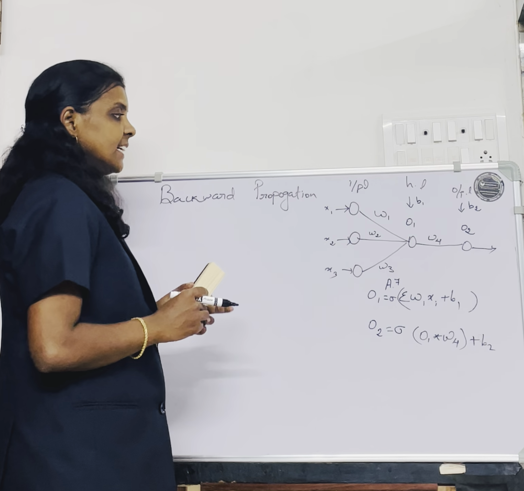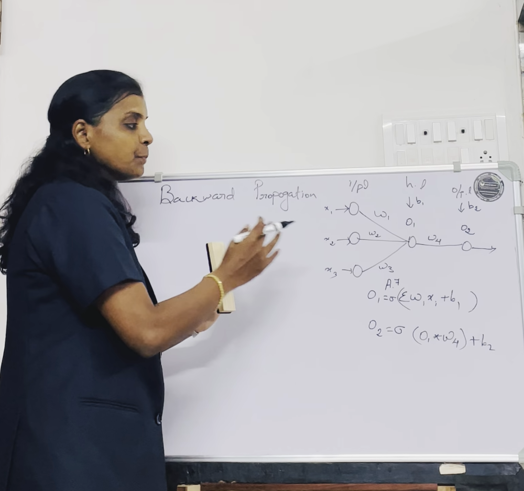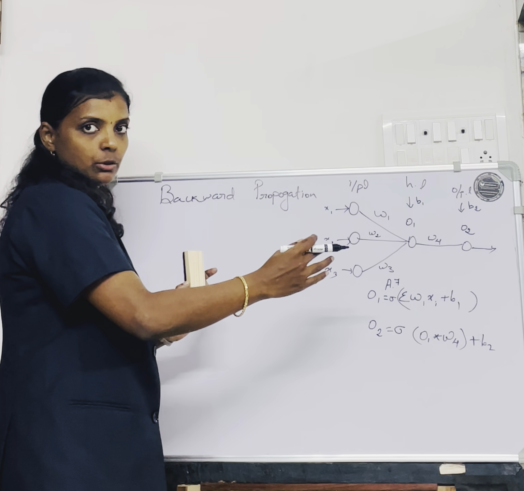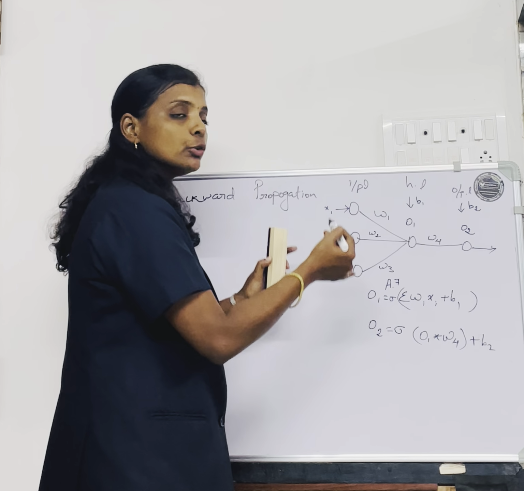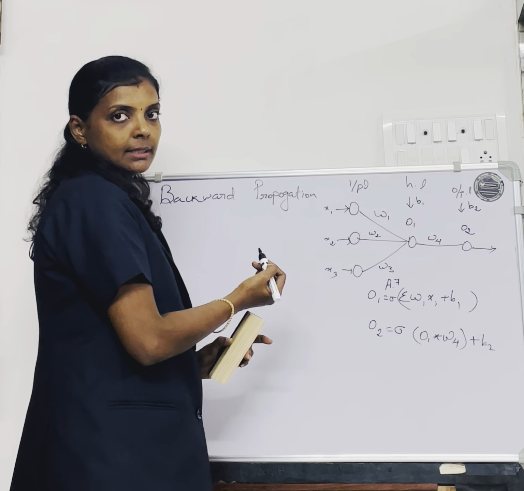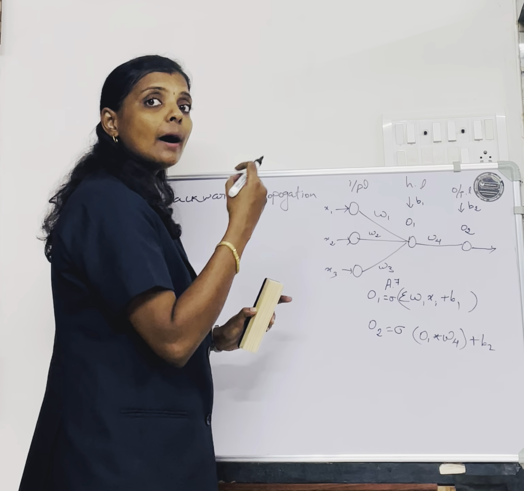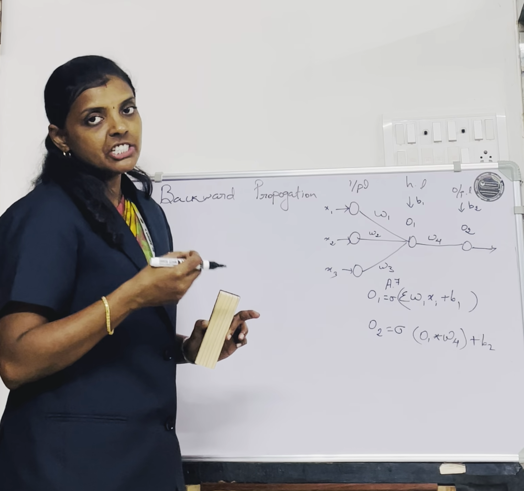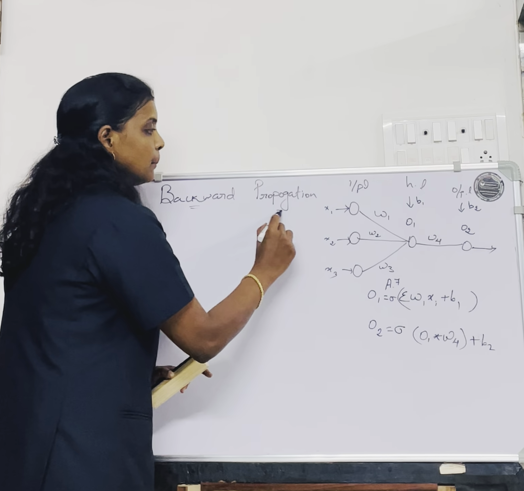So up to this I just explained how the neural network works in the forward direction. Okay. Then once you calculate loss, we have to reduce loss through the weight updation method. After weight updation, we have to apply chain rule differentiation. These are the main concepts of backward propagation.